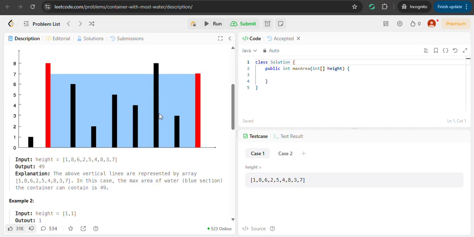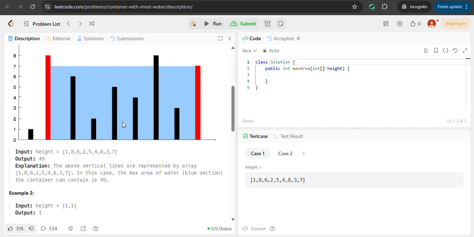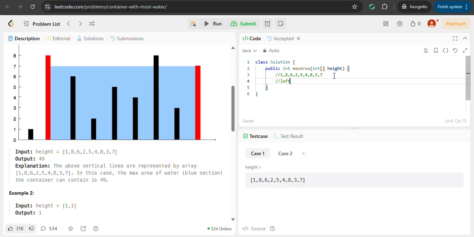The first thing that comes to our mind is finding all possible ways from the start and end, so we have to find the maximum on the left and the maximum on the right. Take this example. Your left is at 1 and your right is at 7.